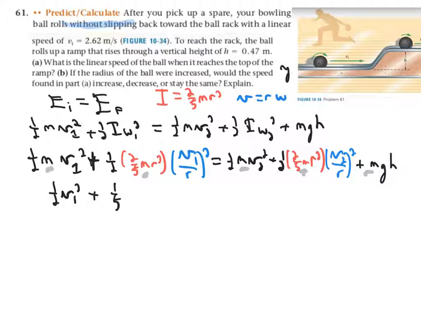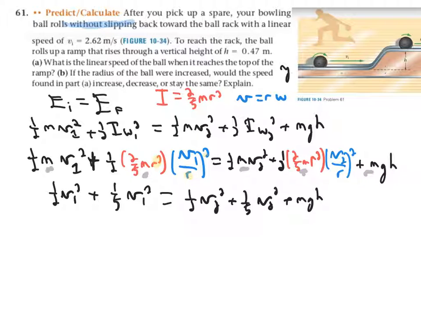And then I have something else really interesting. I have an r squared up here, and then I have an r quantity squared down there, and those are going to cancel. So then I'm just left with a v1 squared. And the same sort of thinking over here gives me 1/2 v2 squared, but again the r's are going to cancel, and I'll get 1/5 v2 squared plus mgh.